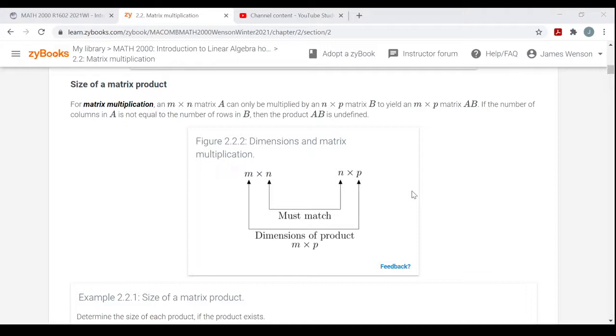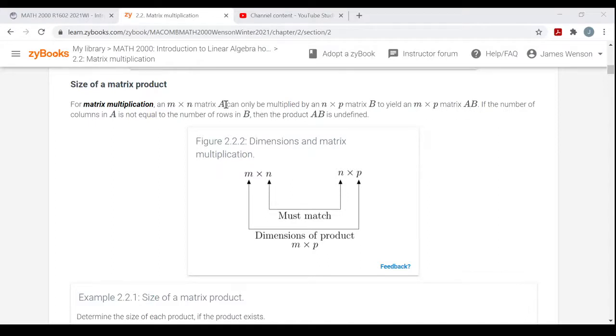That is not the case here. For matrix multiplication, an m by n matrix called A can only be multiplied by an n by p matrix B, where p is just some other number, to yield an m by p matrix A times B.